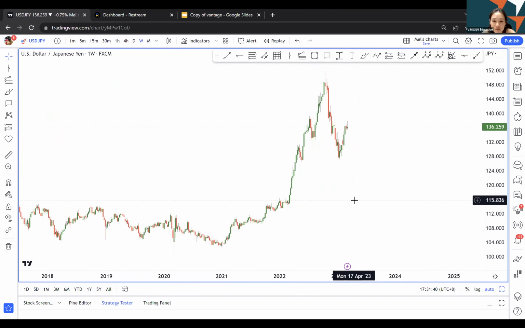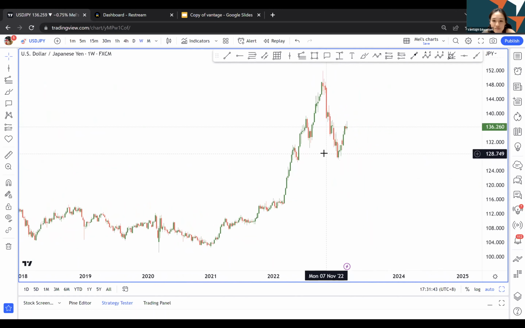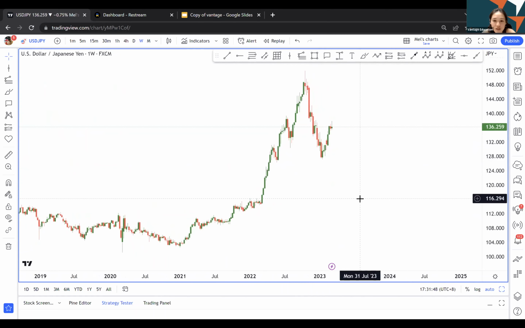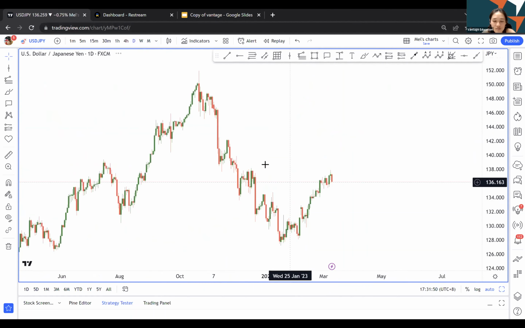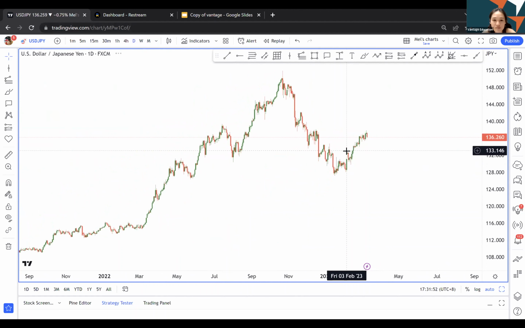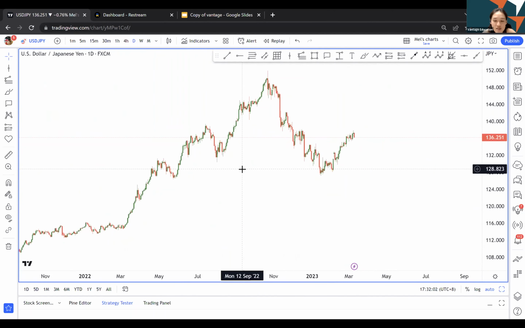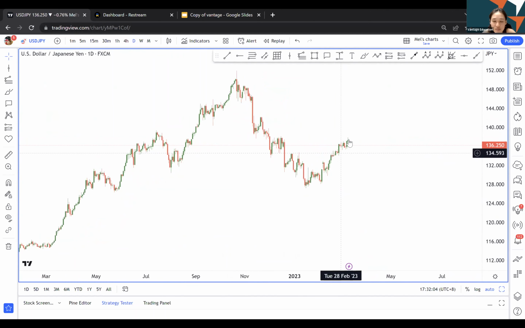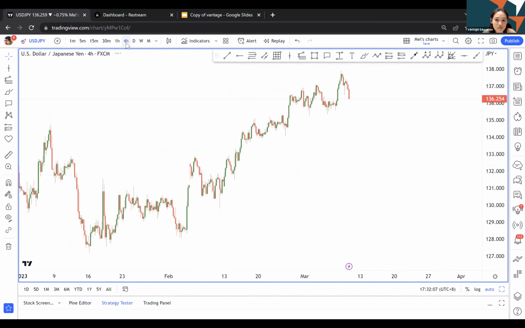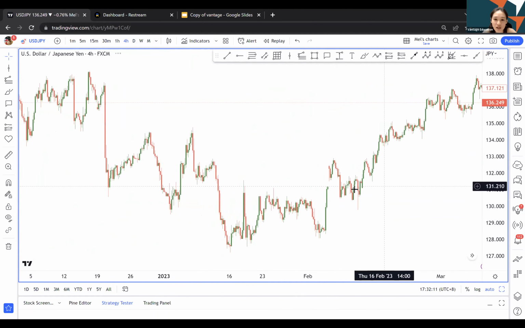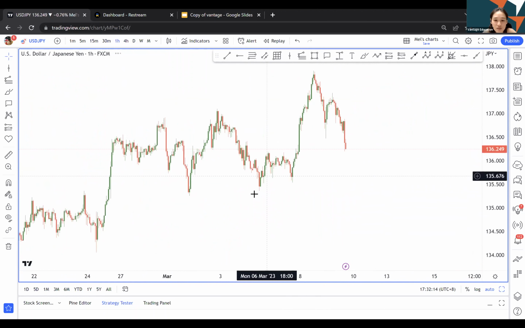Weekly. So this is our daily time frame, and we can see that price is climbing back up. Okay, 4 hours. Price is definitely going up. 1 hour.